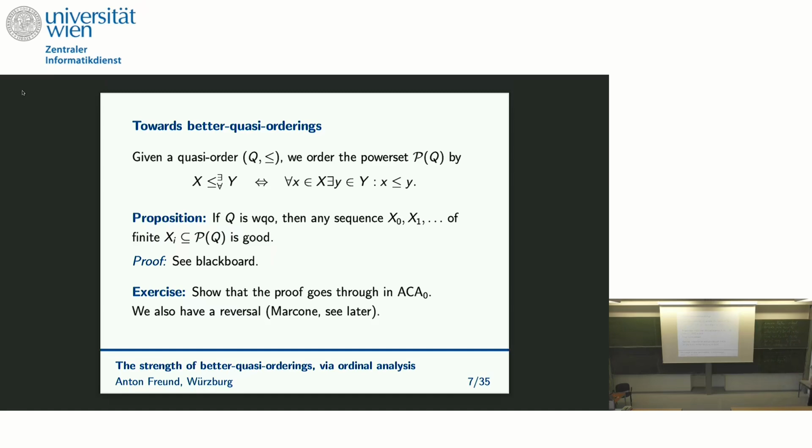So you just do the same thing again and again. And then the claim is that if you now consider these lowercase xi's, which is a sequence in your original order, then this is bad.